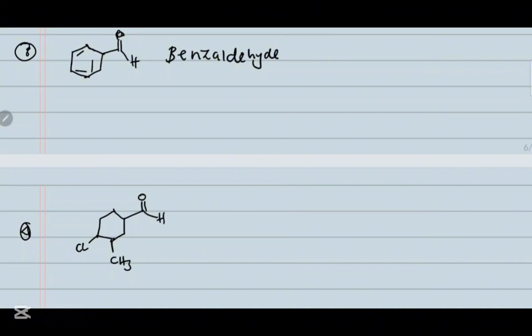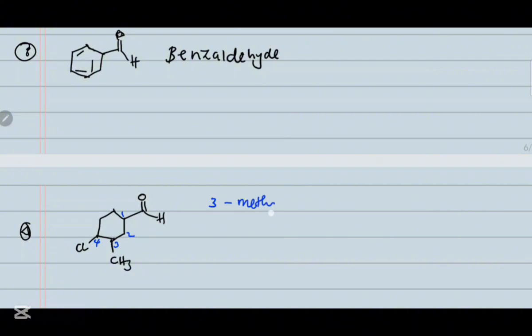Okay, now they'll ask you to name it. So first thing, let's number it. So we have carbon number 1 here. You can go this way or the other way around. So if you go this way, we're going to have 1, 2, 3, 4. So side groups are on position 3, 3 methyl.